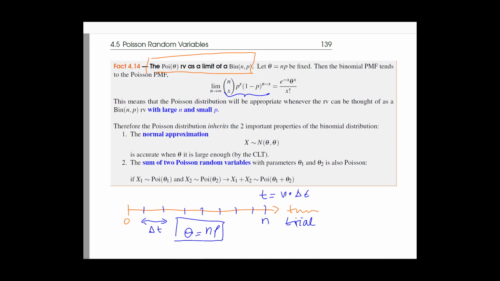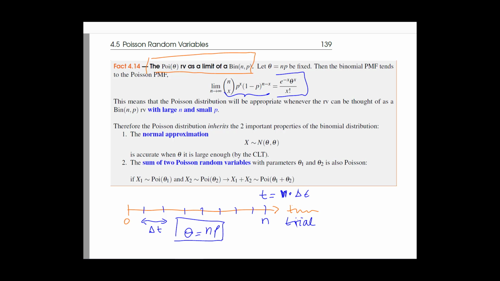Now, what happens is that if you express this as a function of n and p, and then we take the limit as n goes to infinity, you're going to get the Poisson distribution.